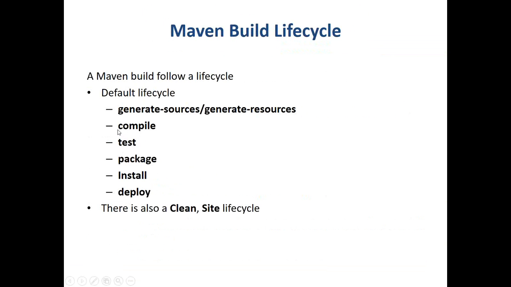If I say phase as compile, after completing the compile, whatever plugin you have additionally given will be called before it goes to the next step. That is why we use phase. If I say phase as package, whenever you run Maven package, after completing the package step, it is going to automatically call the plugin in which you have given the phase as package.